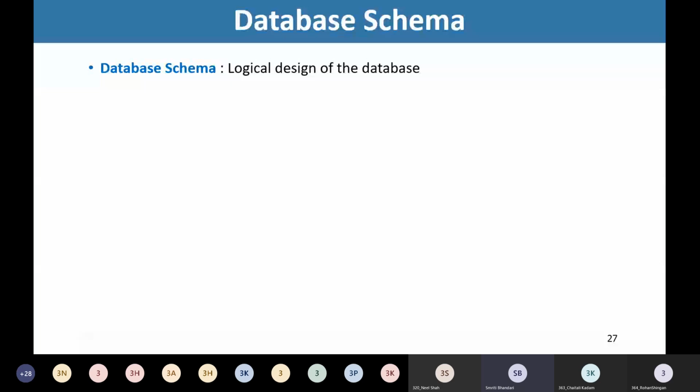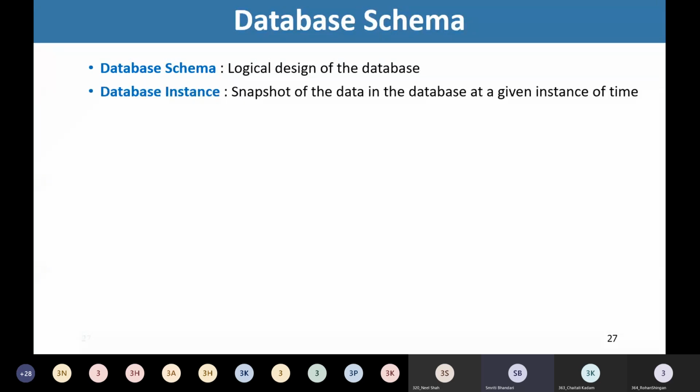We have gone through the concept of database schema. Database schema is the logical design of the database. Database instance is a snapshot of the data in the database at a given instance of time.